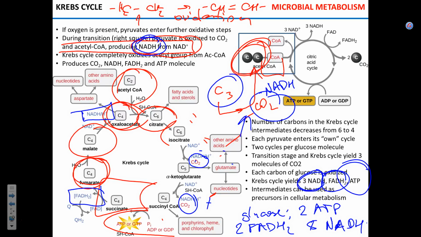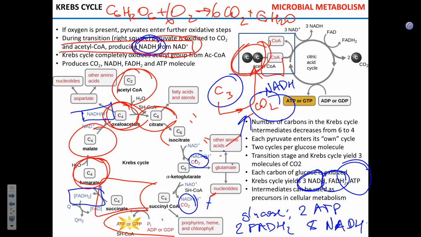Now, let me remind you something. The reaction of oxidative respiration: glucose plus 6 molecules of oxygen gives you 6 CO2 and 6 molecules of water.